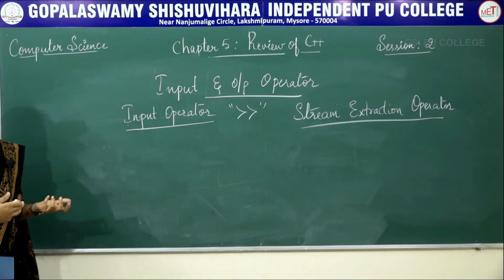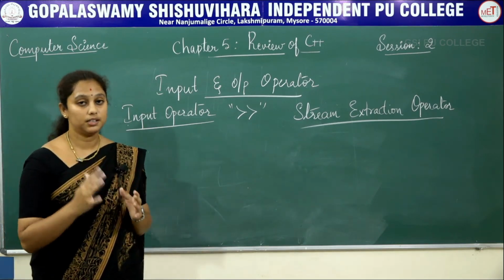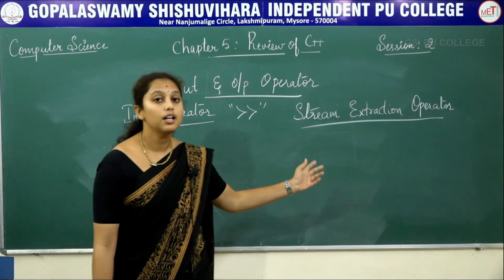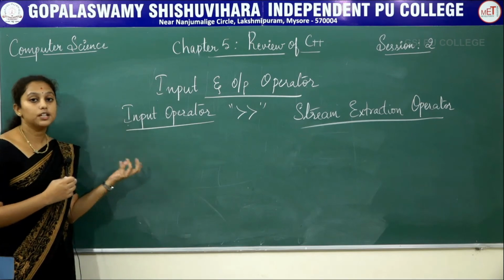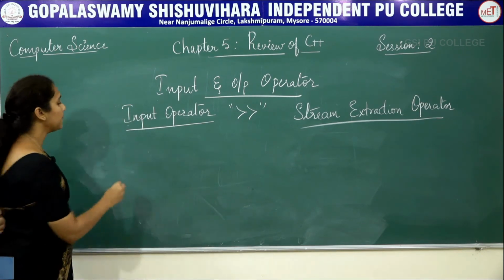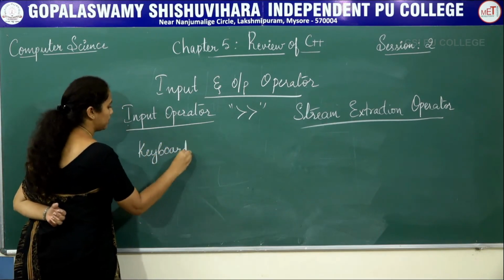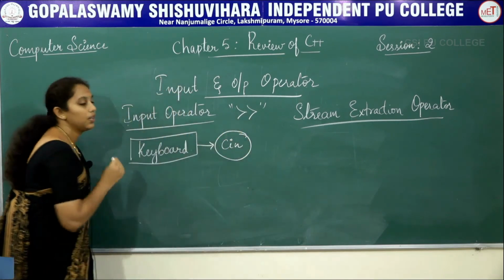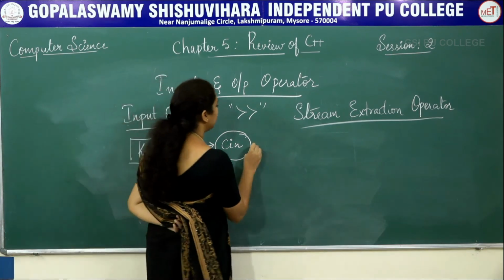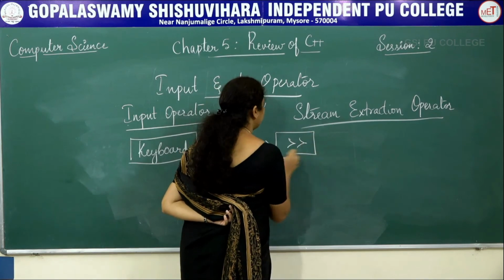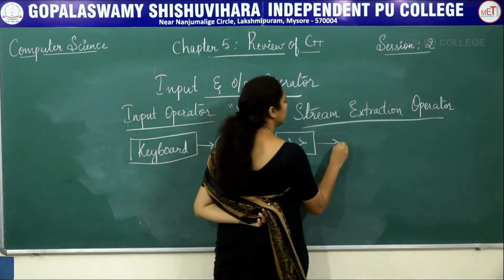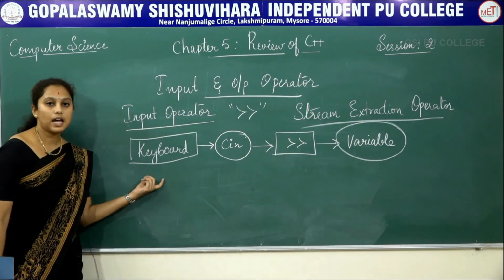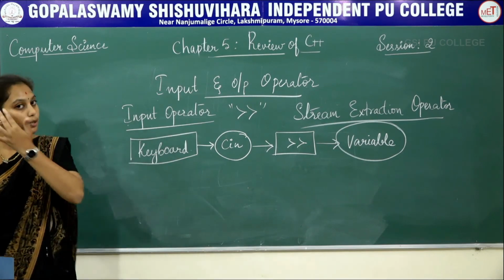Here the input is taken from the standard input device, that is the keyboard, followed by the cin object, followed by the operator, and followed by a variable to store whatever value is extracted from the stream. So this is about the input operator.